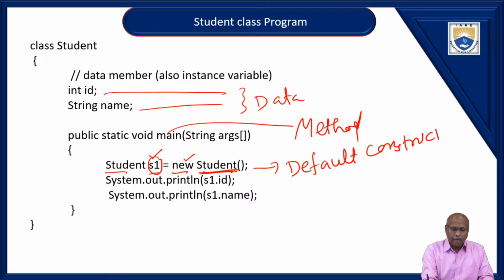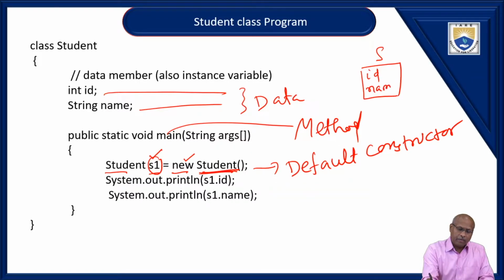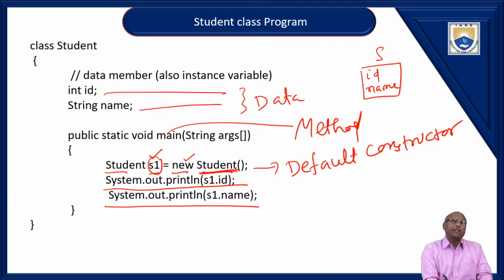After construction of the object, I want to print whatever data members are there in my object. So while creating an object of student, in my student object, automatically the ID will be available as well as the name. Now when I am asking to print ID and print name, what will it print?